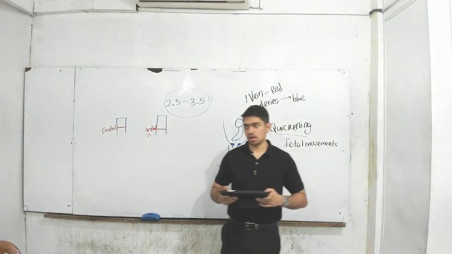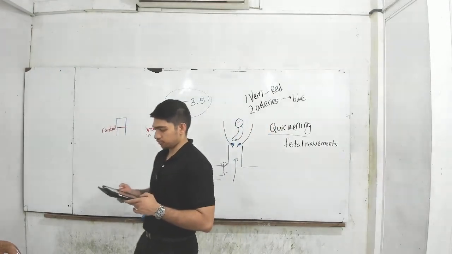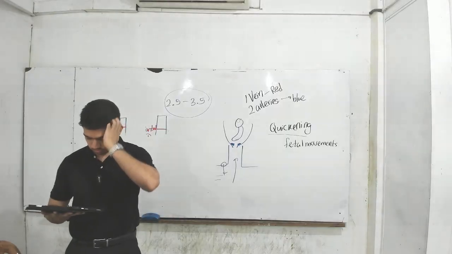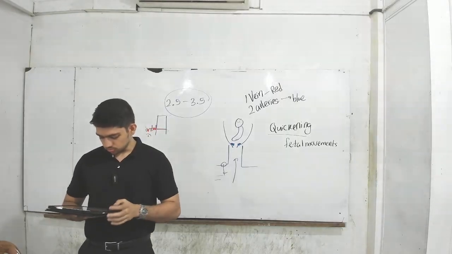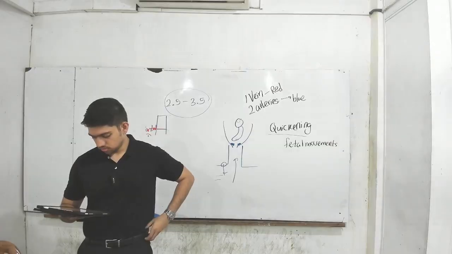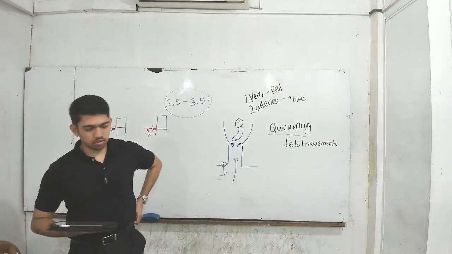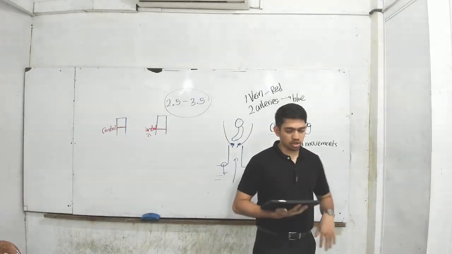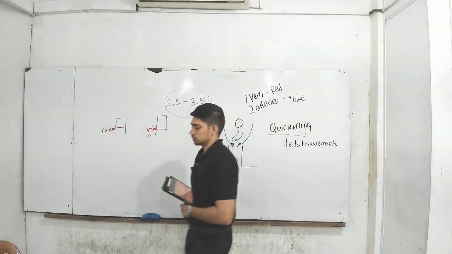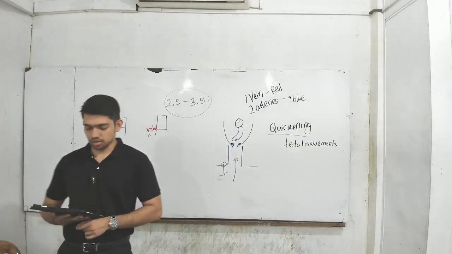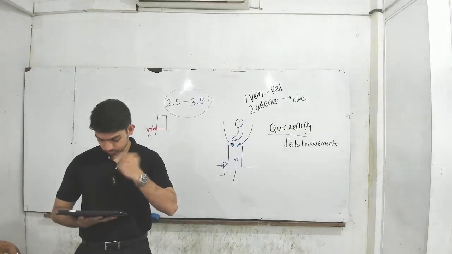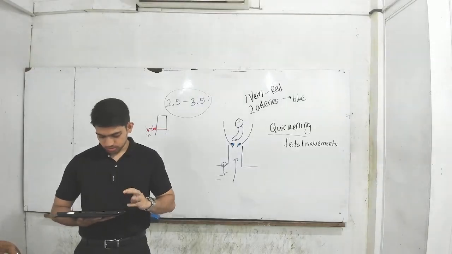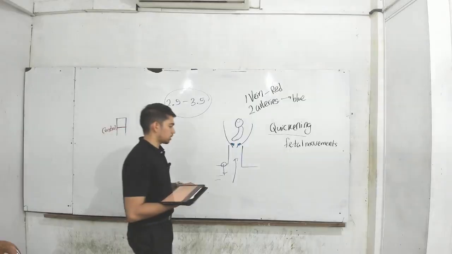Then secretory phase starts after ovulation, one mark. Corpus luteum, one mark. Secretes estradiol, one mark. Progesterone, another mark. Stimulates maintenance, one mark.